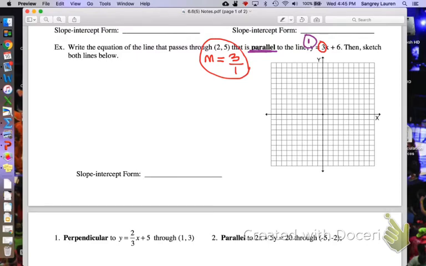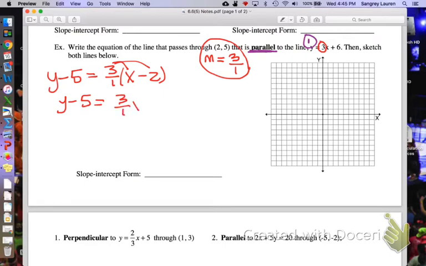So now we use point slope form. So we have y minus 5 equals 3 over 1 x minus 2. Then we distribute, so we have y minus 5 equals 3 over 1x minus 6 over 1.